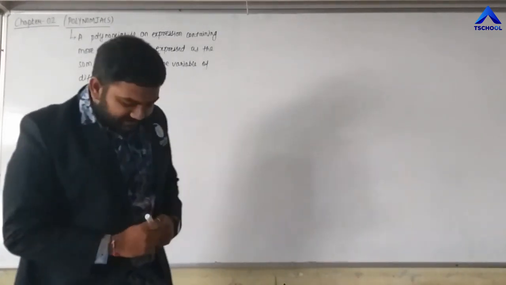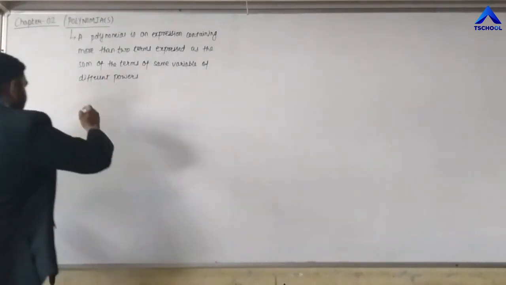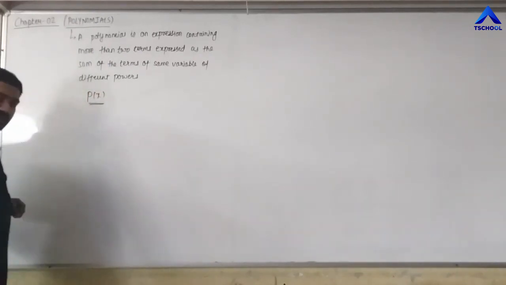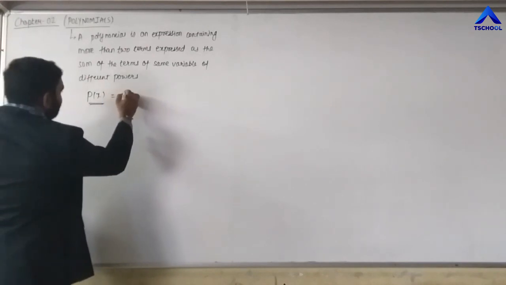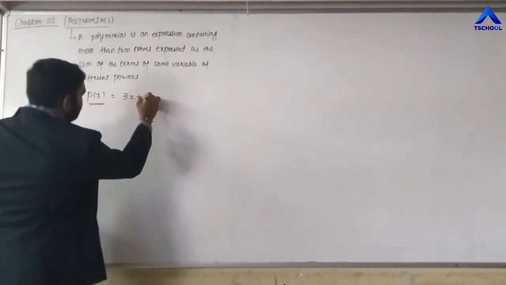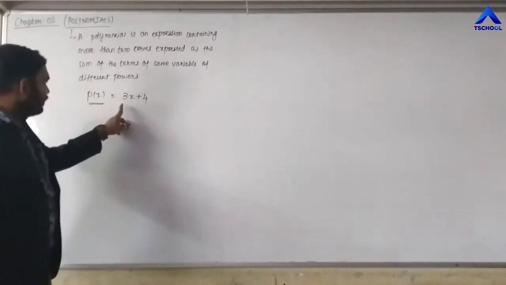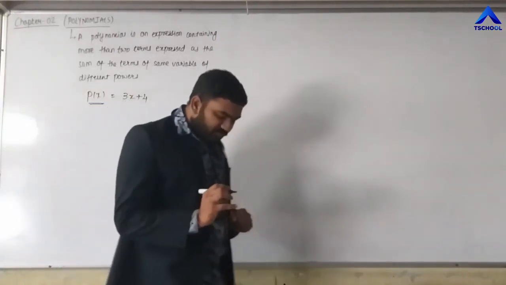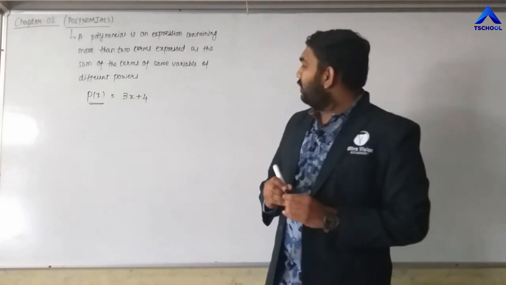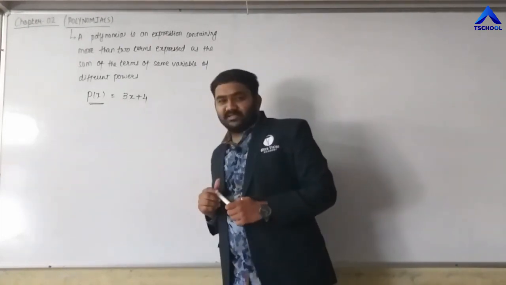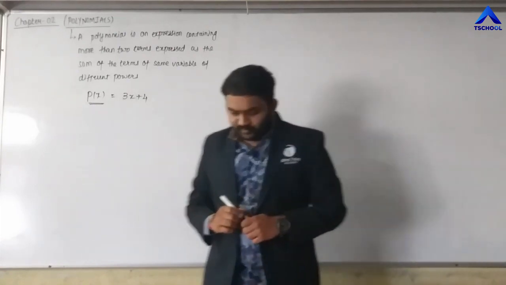Let me give an example that we have discussed earlier, a polynomial denoted as p of x. Let us say, for example, 3x plus 4. This is a polynomial of the variable x, so that is again a polynomial.